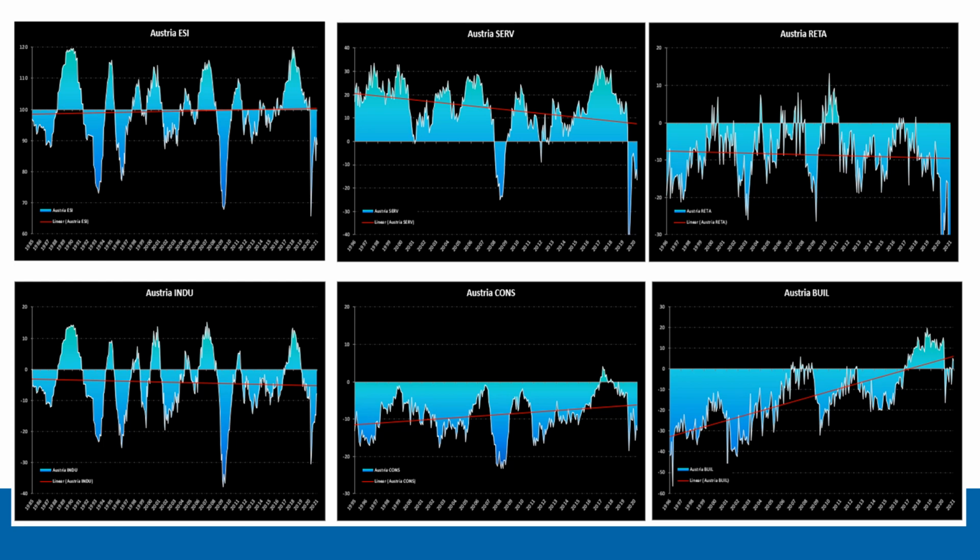The way you should look at all of these, and this is even the small economies, is just eyeball them. So when you're in the downloads area and you download the spreadsheet and you're updating it every month, you'll update these charts.